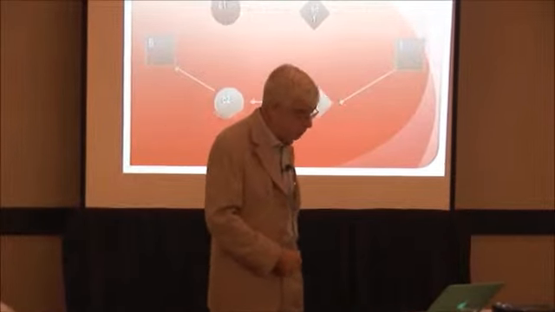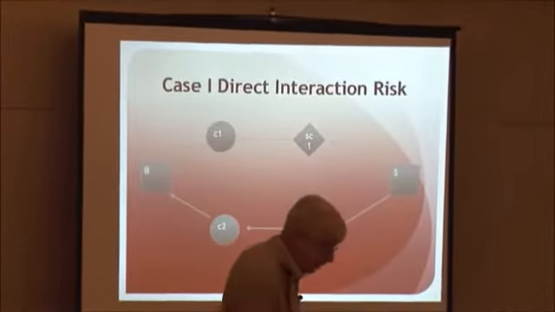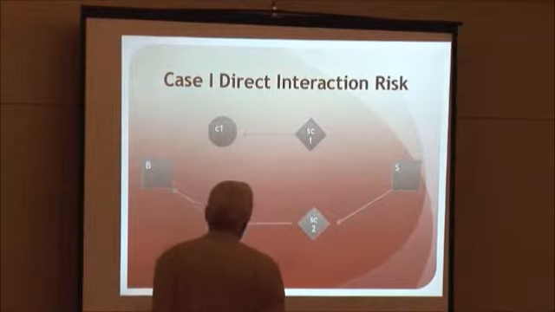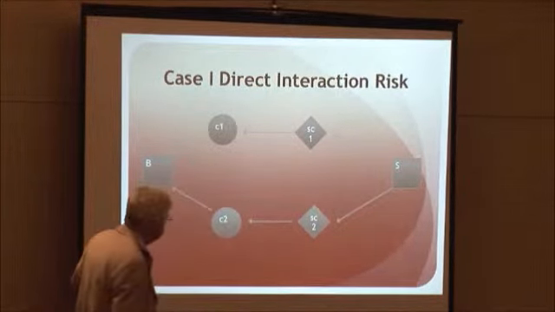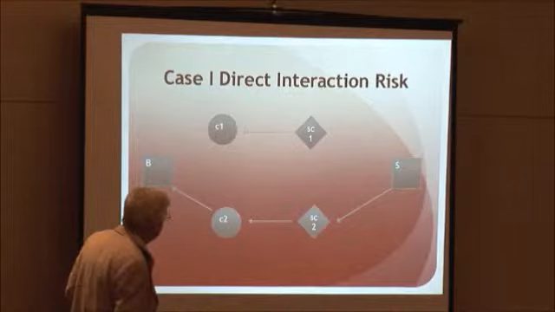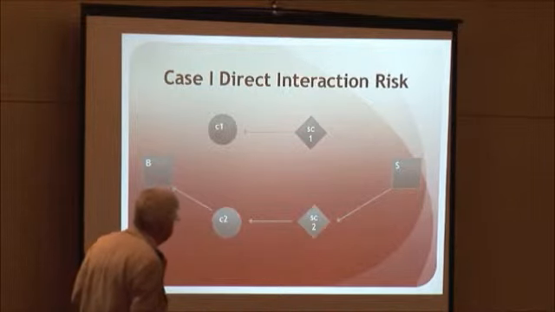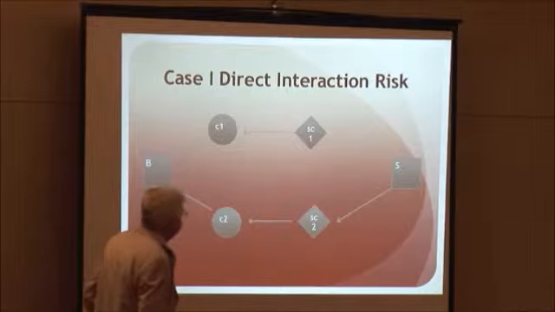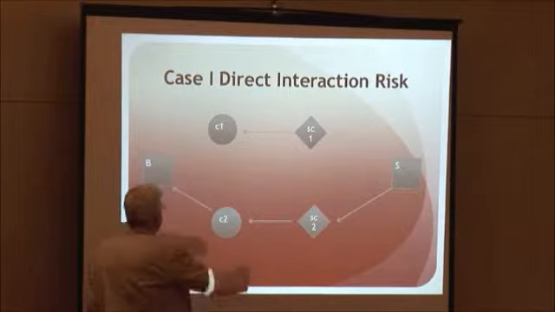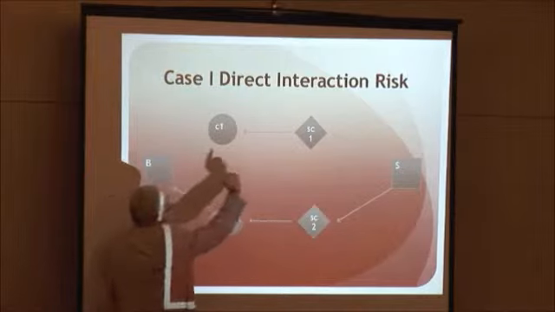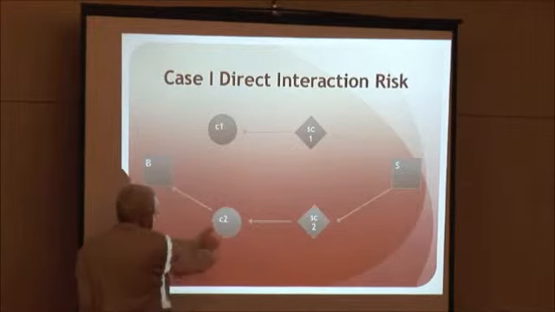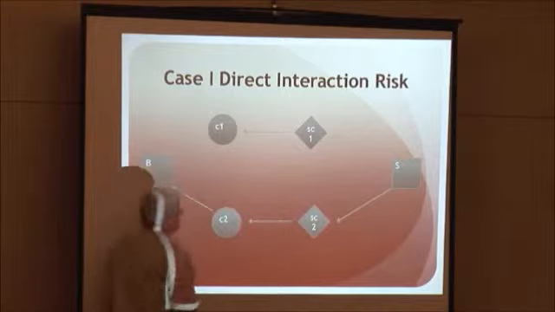As we move on, in a case of direct interaction, how do we represent this graphically? Well, we represent it simply as a network in which a supplier can go through this particular carrier with that interaction risk, or through this other carrier with this interaction risk.